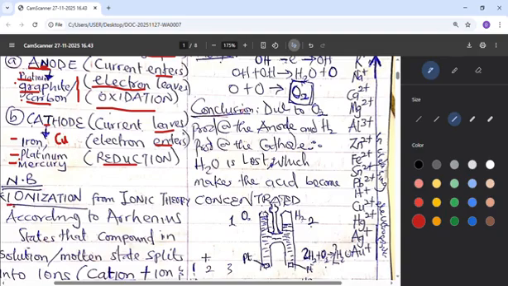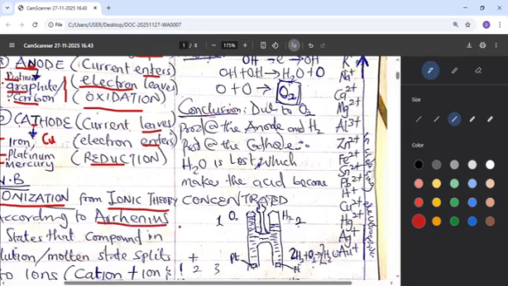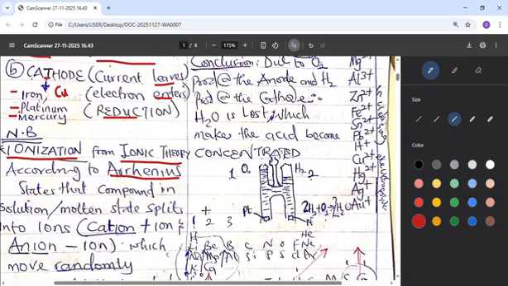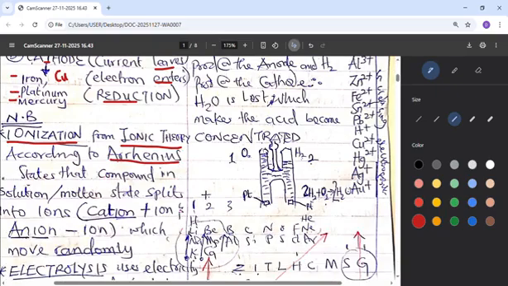Take note, there's another term we call ionization. We got this from ionic theory. According to this scientist called Arrhenius, he stated that compounds in solution or in molten states can split into ions. That means the cation, positive ion, and then they can also split to anion, the negative ion. And once they split, he said they will be moving randomly.